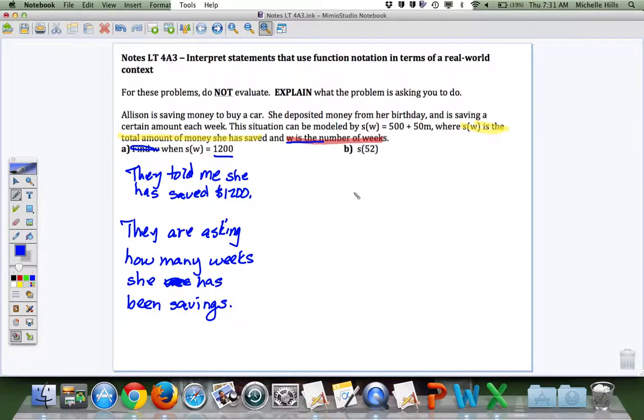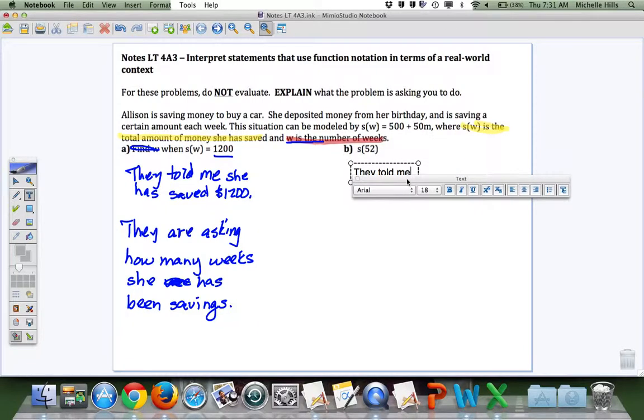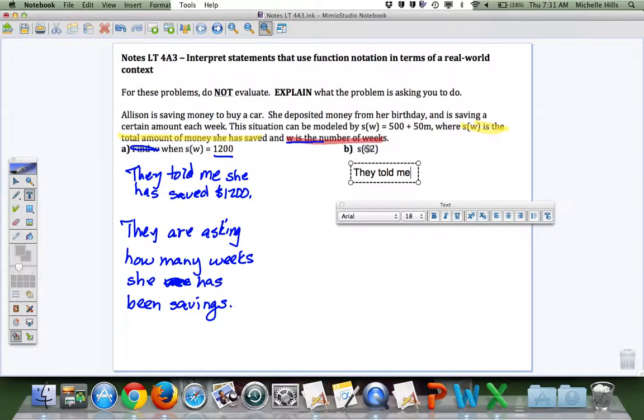That's it. Now let's see if I can get this thing to actually work again. There we go. They told me, well, they gave me the number inside the parentheses. Looking inside the parentheses is W, so they gave me the number of weeks.